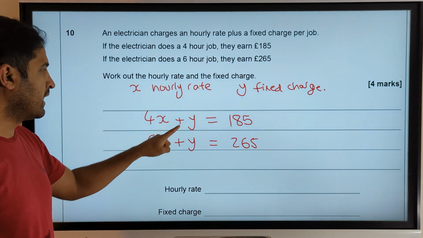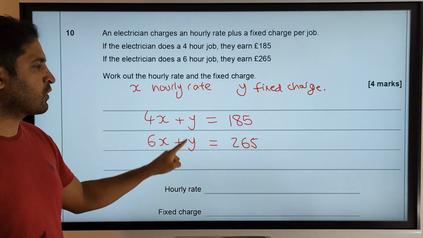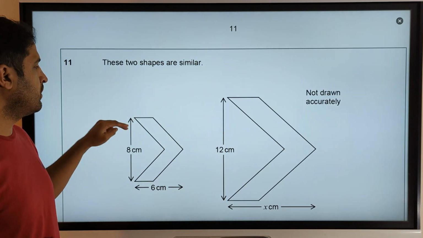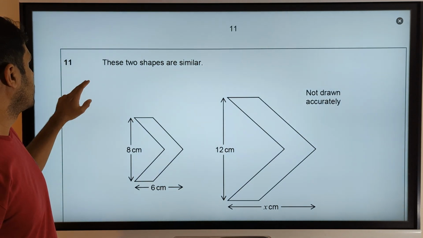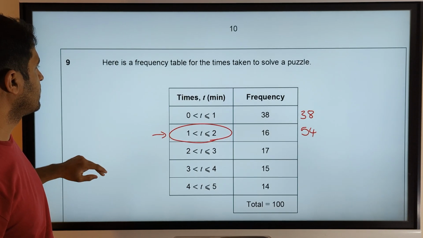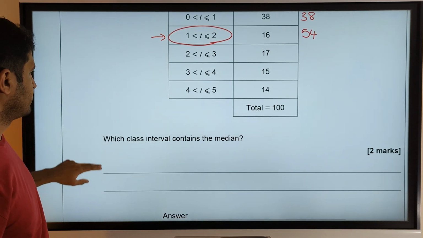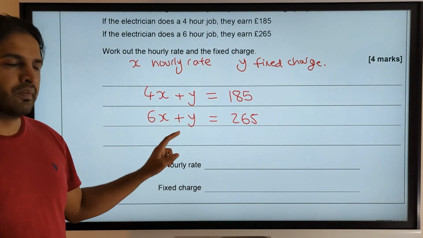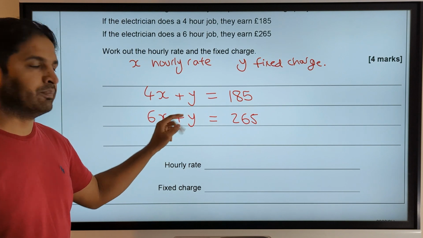Okay, so in those I can see there's a Y that's common in both of them, so I can get rid of it by doing equation 2 take away equation 1.